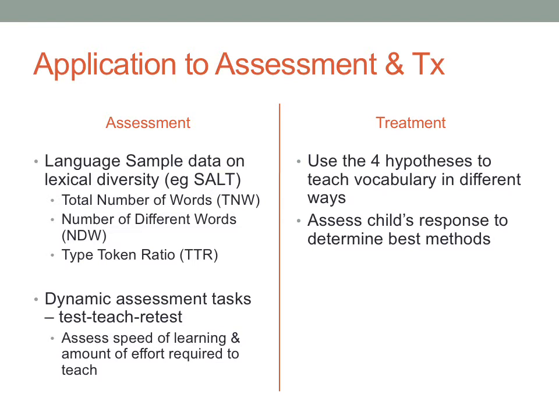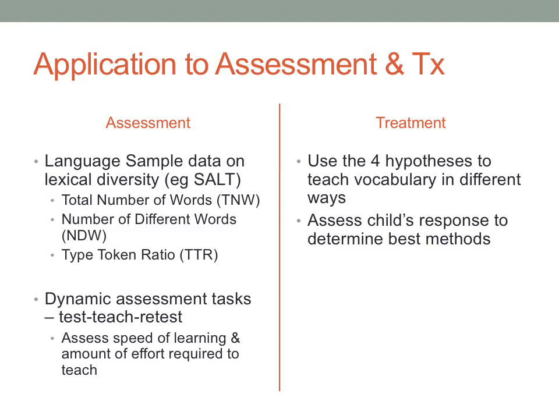What about treatment? We can use these 4 hypotheses to teach vocabulary in different ways. We can help the child focus, for example, on semantic features or functional core, the functions or uses of objects.